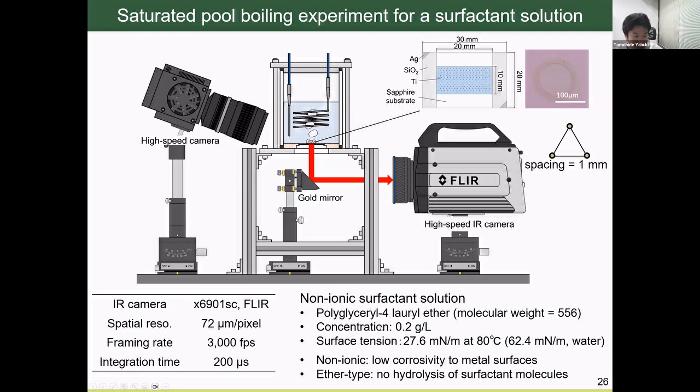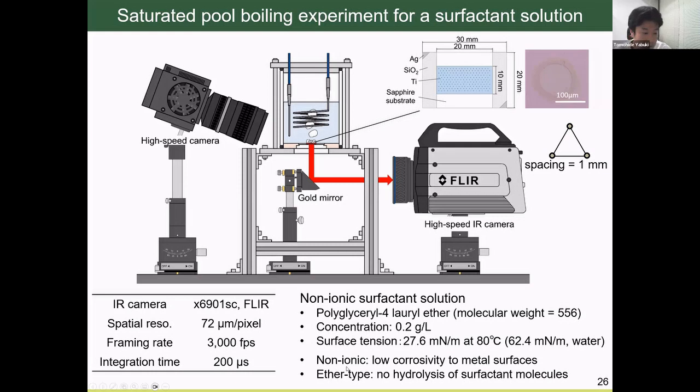And I set the concentration at 0.2 gram per liter because we confirmed in the preliminary experiment that the boiling is significantly enhanced at this concentration. And the surface tension was reduced to almost half of the pure water value.